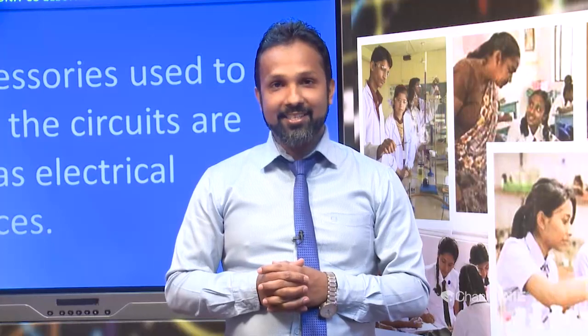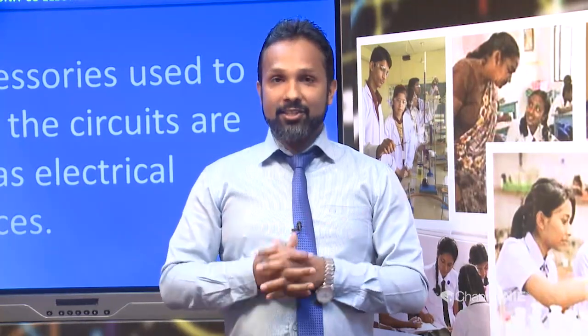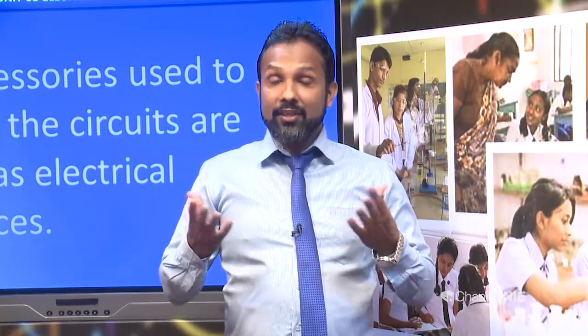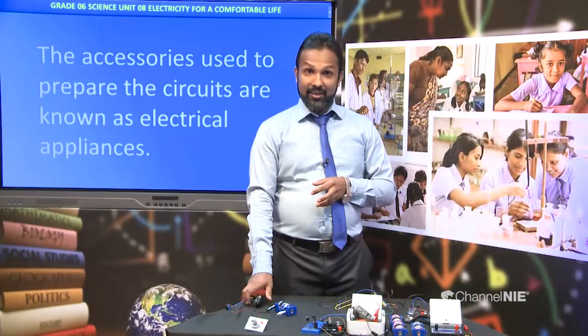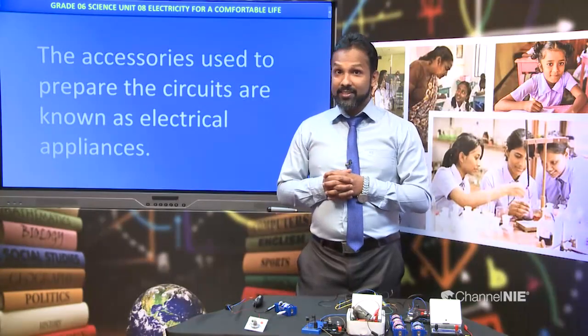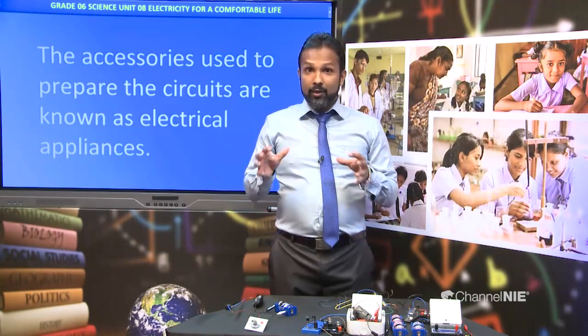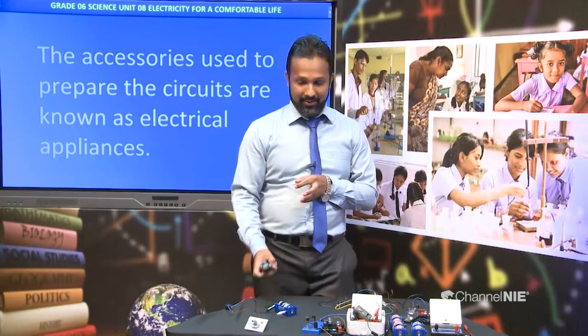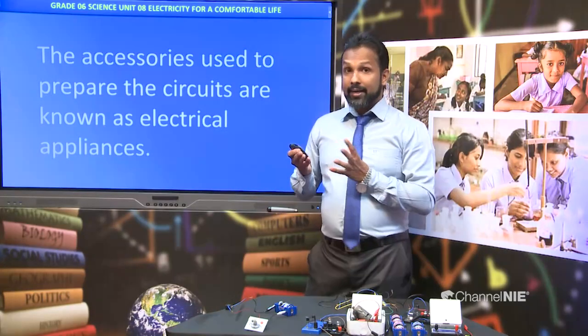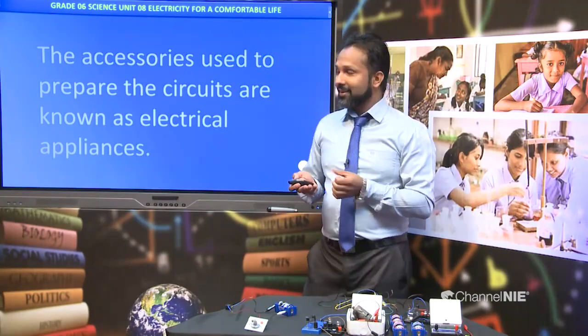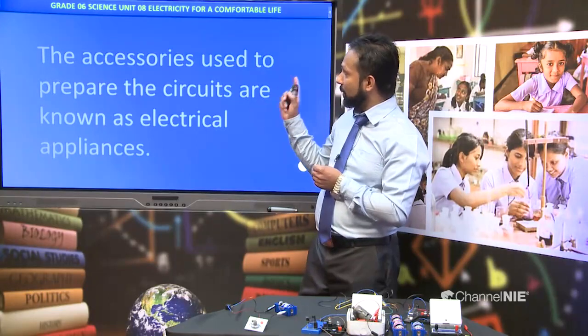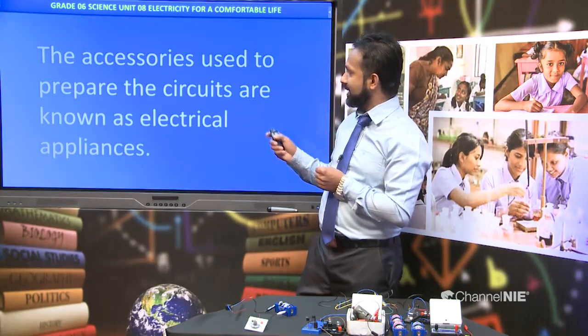Those are called as electrical accessories or electrical appliances. Now, let's focus on these appliances that we use in our day-to-day life to prepare circuits. Right. Here, you can understand the meaning again. The accessories used to prepare the circuits are known as electrical appliances.